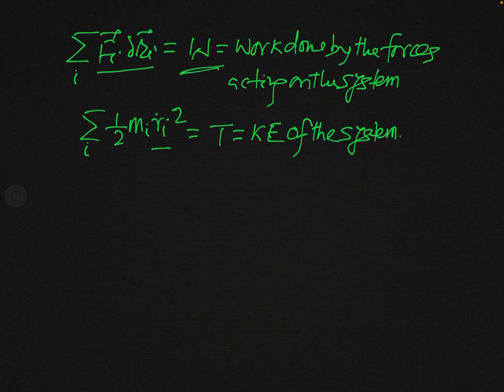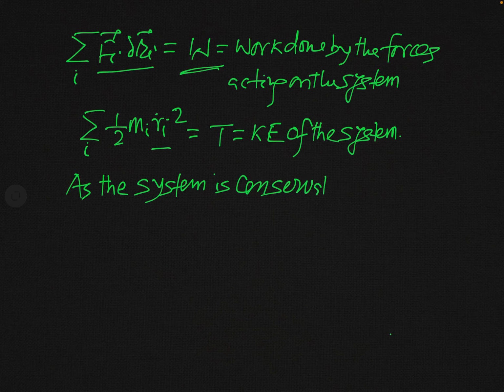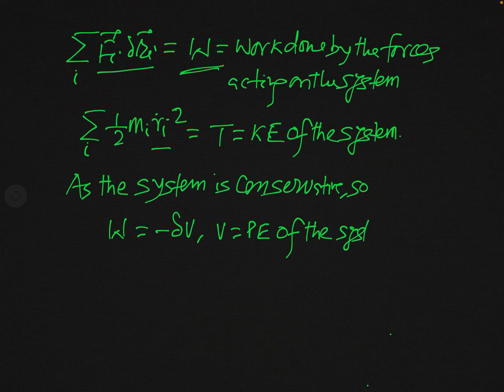So you can say that as the system is conservative, this W must be equal to minus delta V, where V is the potential energy of the system, you know it.